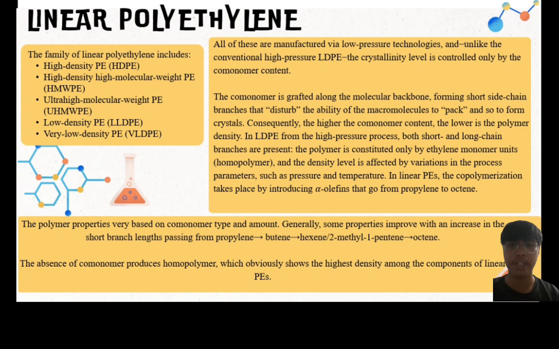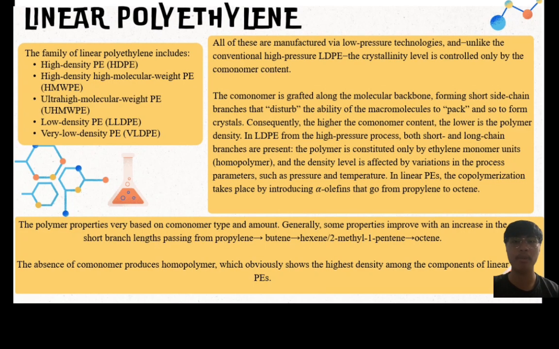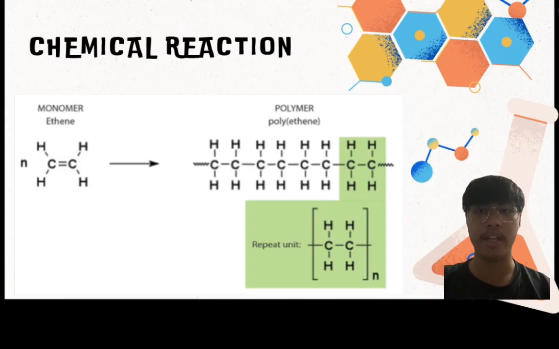Copolymerization occurs in linear PEs through the introduction of olefins that range from propylene to octene. The polymer properties vary based on comonomer type and amount. Generally, some properties improve with an increase in the short branch length, passing from propylene to butene to hexene to 4-methyl-1-pentene to octene.